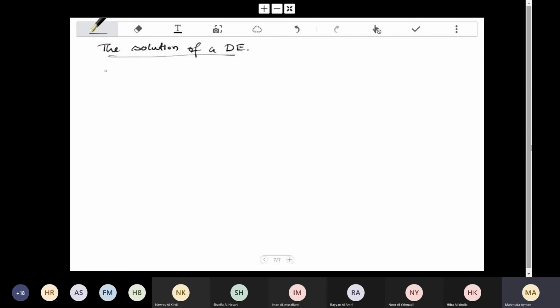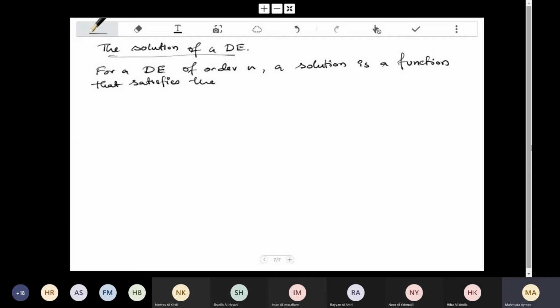So for a differential equation of order n, a solution is a function that satisfies the equation on some interval I.